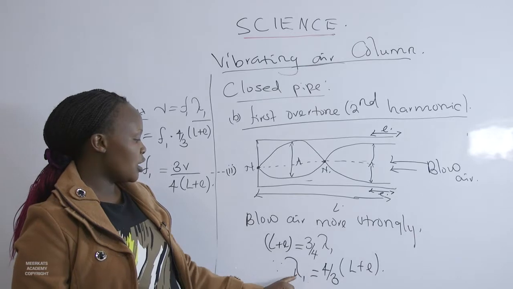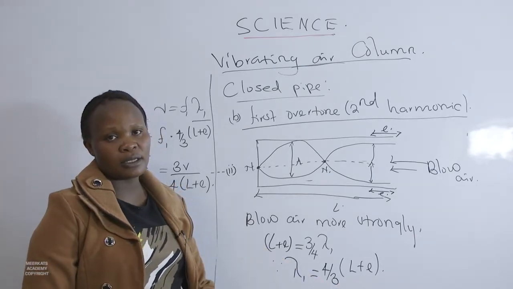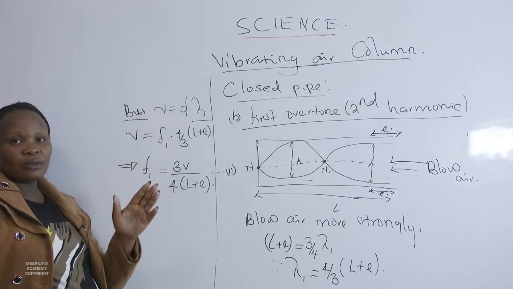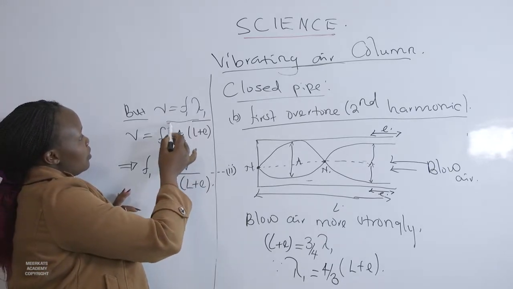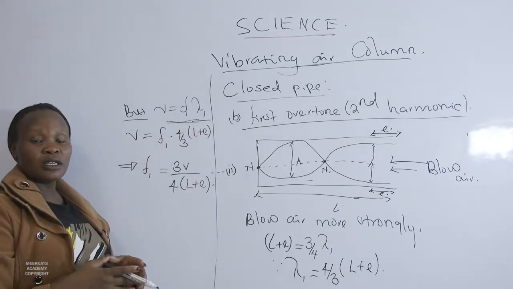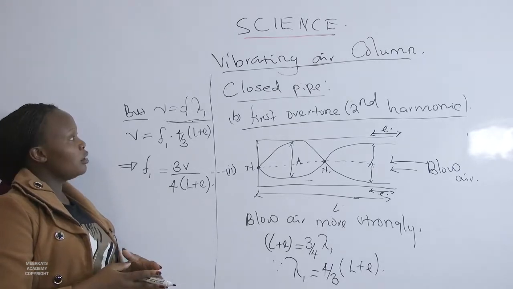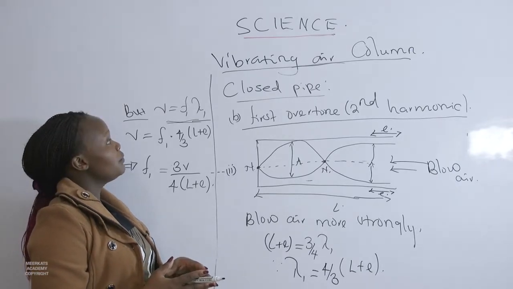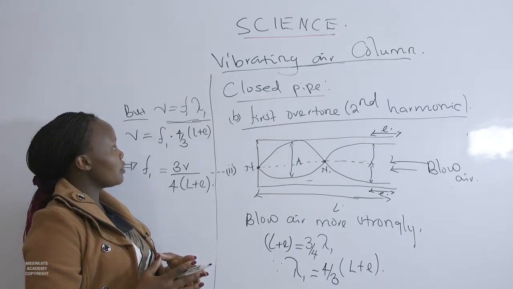From this, we came up with the expression by making lambda 1 the subject of the formula, and fed it into the relationship between speed, frequency, and wavelength, which provides that speed is a function of frequency and wavelength.